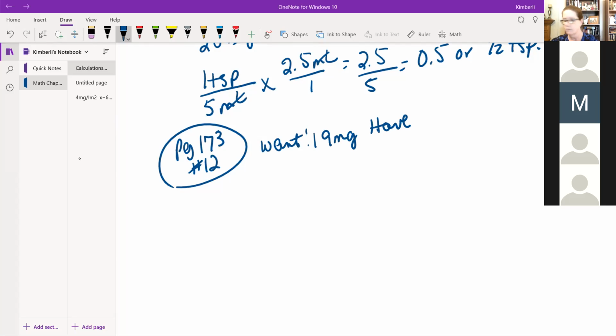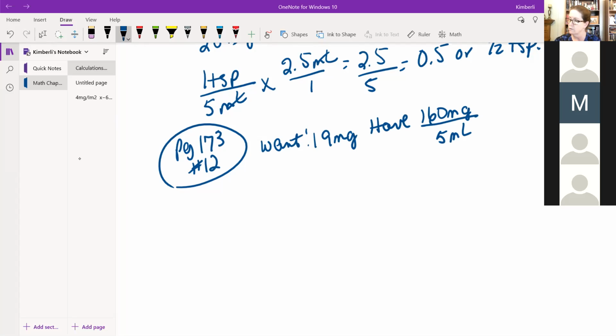And we have the acetaminophen liquid solution, which is 160 milligrams in 5 mLs. So we're going to need a lot less than 5 mLs, aren't we? We're going to need less than 1/10 of that. Well, a little more than 1/10 of that. Then it says what volume of medication is needed per dose, round to the nearest 1/10.